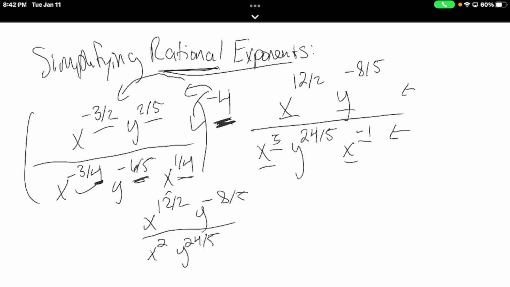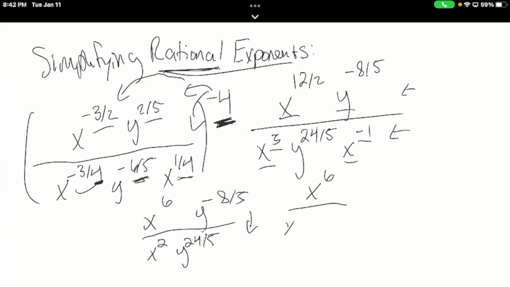Now I think it might be wise to get rid of this negative exponent here. The way we get rid of negative exponents is to move them to the other side. I'm also going to simplify this down to 6, since 12 divided by 2 gives us 6. So when I move this y down, I'm going to be left with x to the 6th on top.